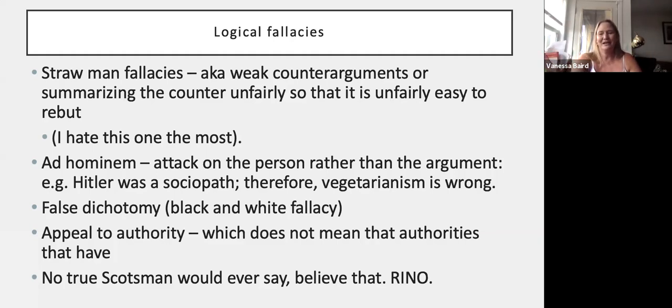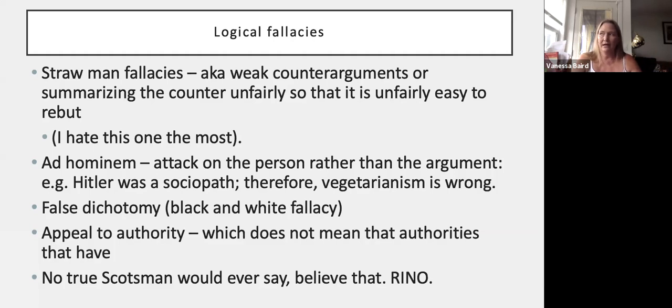So that's one that I hope to take seriously, and I hope to teach you to take it seriously as much as possible. So when you present the other side as a bunch of idiots, then that's not really helpful in sharpening your own argument.